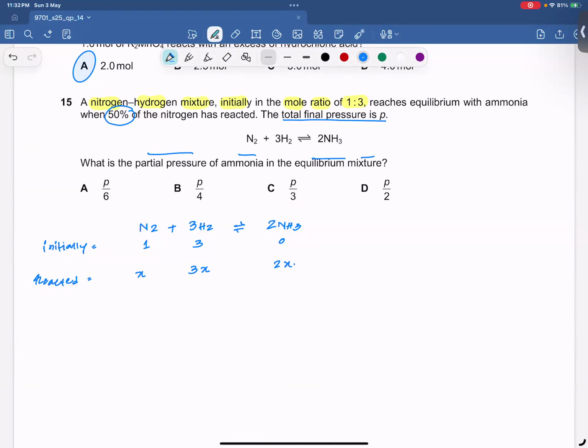ओके. सो इक्विलिब्रियम मोल्स यहां से कितने हो जाएंगे? 1 minus x, then 3 minus 3x, then 2x. Okay. सो 50% निकालें आप इसका 1 का.